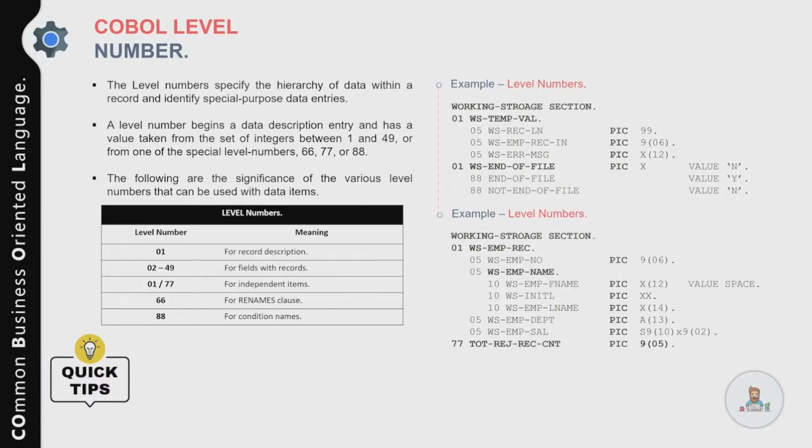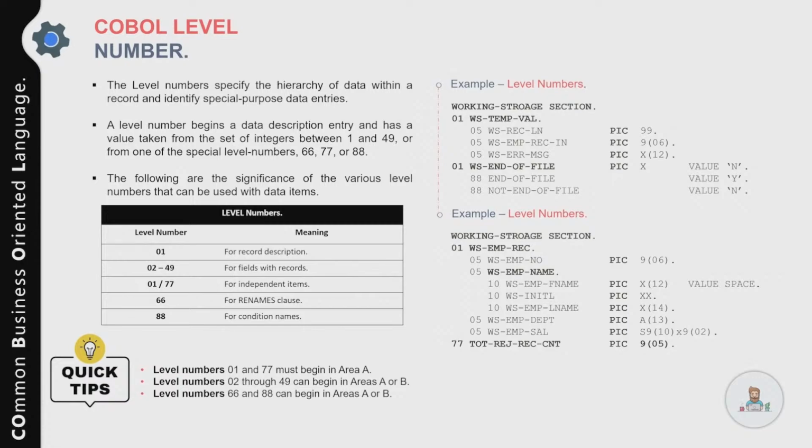So finally, before we move to our next section, here's a quick tip. First and foremost, level numbers 01 and 77 must always begin in area A. Level numbers 02 through 49 can begin in area A or B. Level numbers 66 and 88 can also begin in area A or B, depending on how exactly you're defining these variables in your COBOL program.